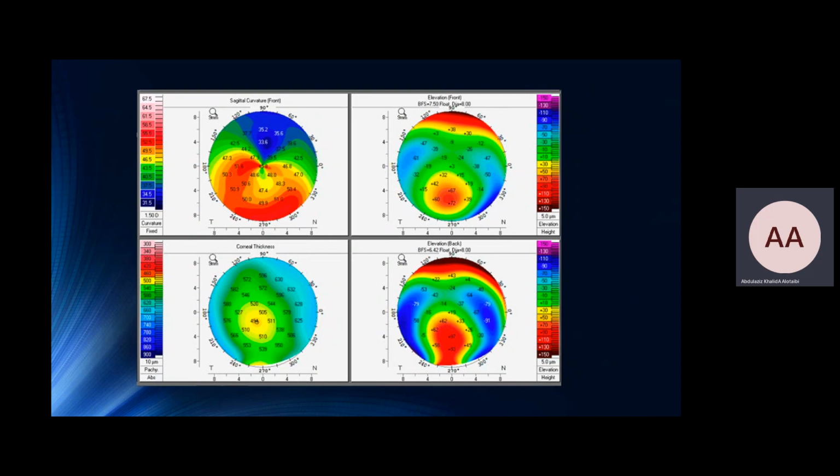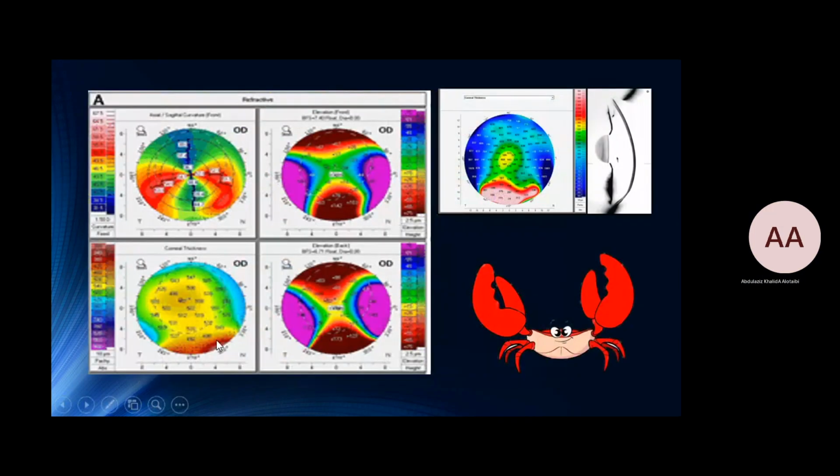About this picture, I would think also about pellucid. Exactly. The pattern here looks similar to the previous case, but the thinnest location there is paracentral. In this case, the thinning here is far more inferior.